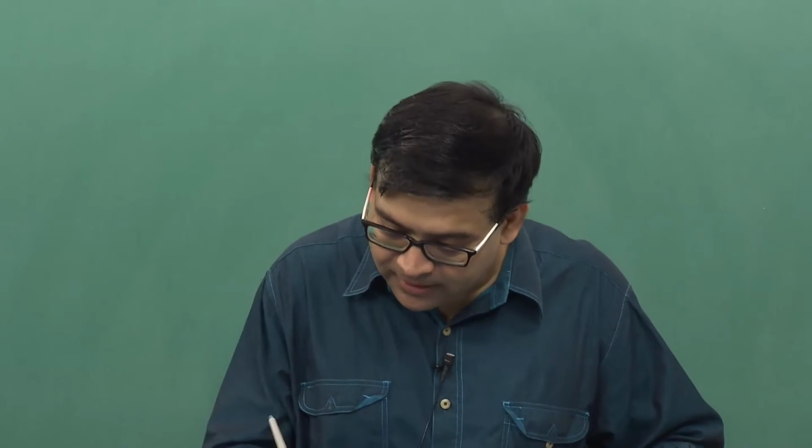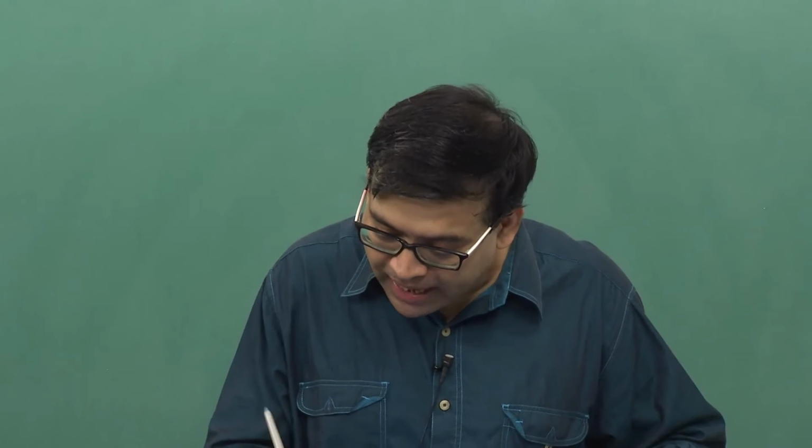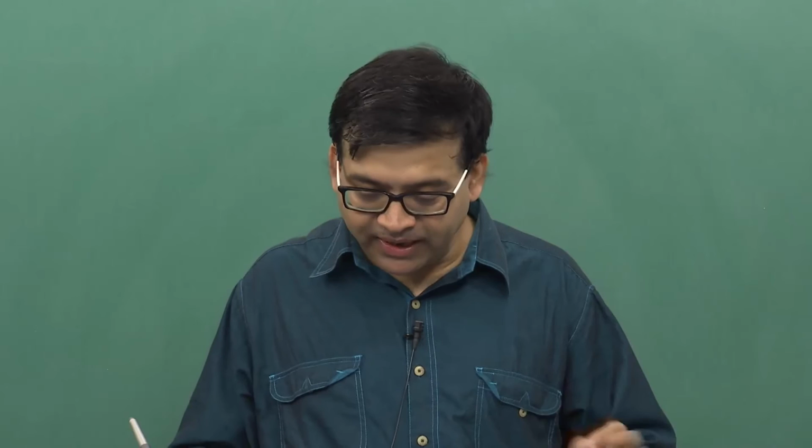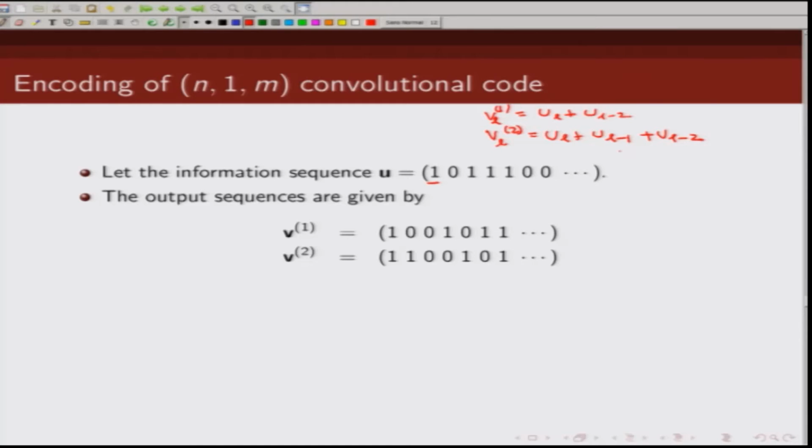In other words, UL minus 2 and UL minus 1 were both 0. Now, if both were 0 initially and UL is 1, what will be V1L? This is 1 plus 0, which is 1. So, you can see this is 1. And what is V2L? This is 1 plus 0 plus 0. So, that is also 1.